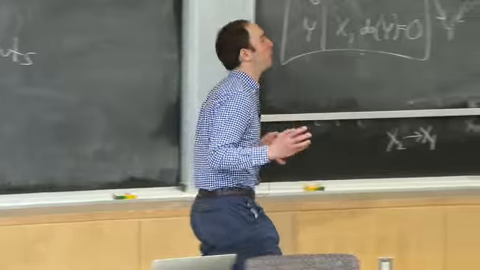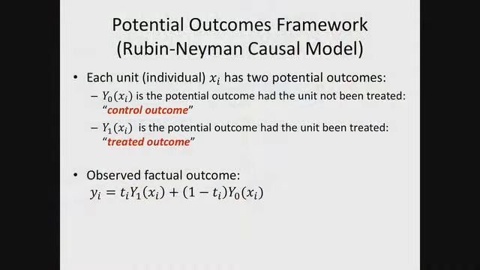Now, in the data that you observe, all you see, for an individual, is what happened under one of the interventions. So for example, if the ith individual in your data set received treatment ti equals 1, then what you observe, yi, is the potential outcome y1.